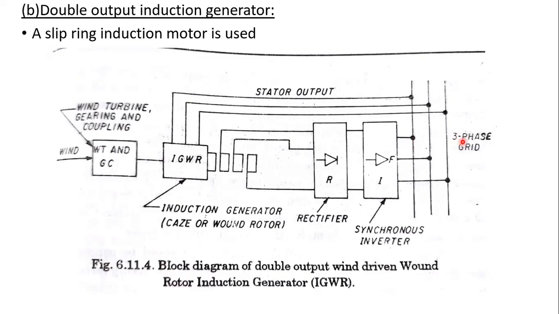Such an operation increases the operating speed range from Ns to 2Ns, so the synchronous speed is doubled here. That is, the slip varies from a minimum of 0 to a maximum of 1.0.